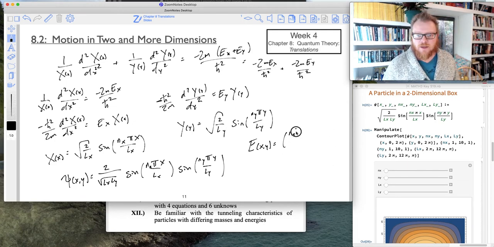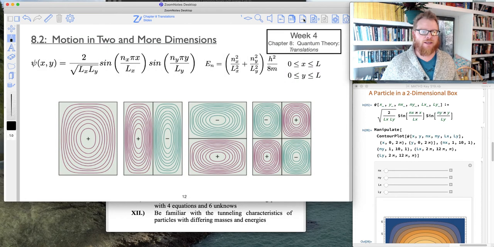It becomes nx squared over Lx squared plus ny squared over Ly squared, and then we get this h squared over 8m.